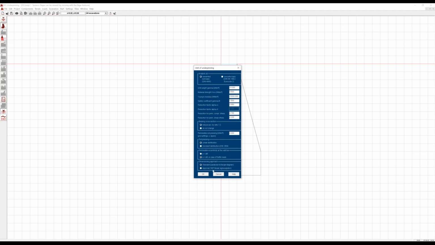And there are two different approaches possible for this program, and it depends on the kind of construction. We might consider a cemented soil mass, which is calculated according to DIN 4093, or a non-reinforced concrete mass, which is calculated according to Eurocode 2.